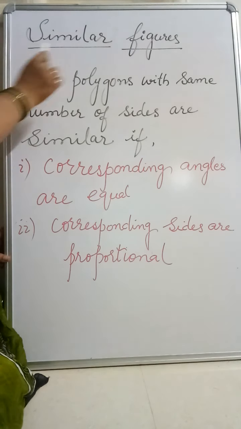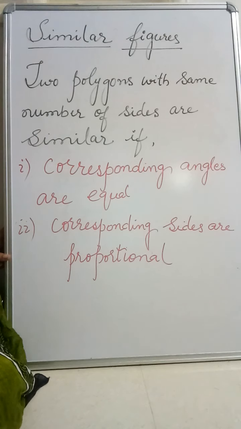So, what are similar figures? To say the two figures are similar, they have to satisfy 2 conditions. What are those? Two polygons. It may be a triangle or a quadrilateral or a pentagon or a hexagon or a heptagon or an octagon, nonagon, dodecagon, anything.